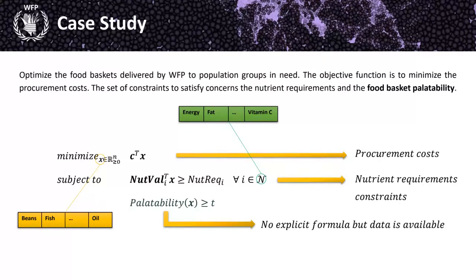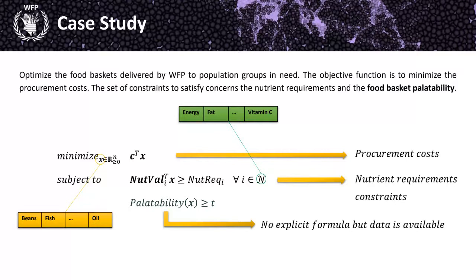Now we know how to define the objective function and the nutrient requirement constraints, but we have an extra constraint, which is about the palatability of the food basket. The palatability depends on many different factors, like the culture or simply people's taste. By palatability, I mean how well people know how to cook it and how much they enjoy the food.